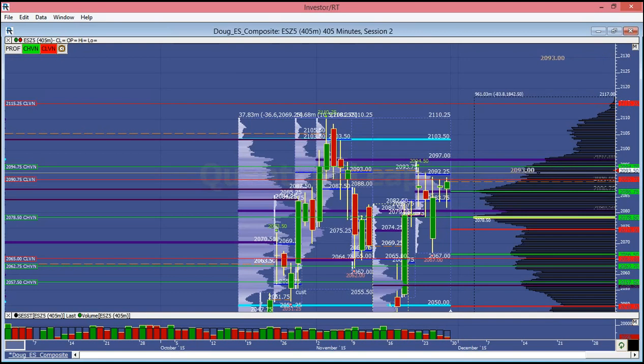The key today is, do we get a rally into the end of the month? Our upside critical mass is 2111. If we get into the 2100s, I think they'll go for that 2111.